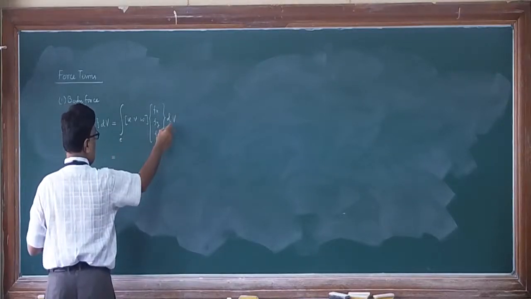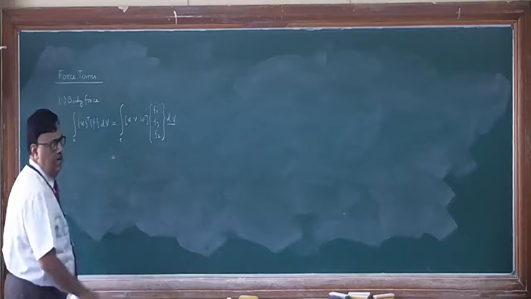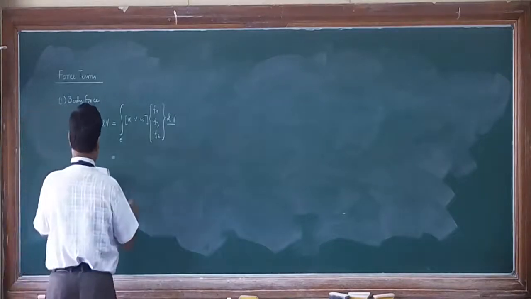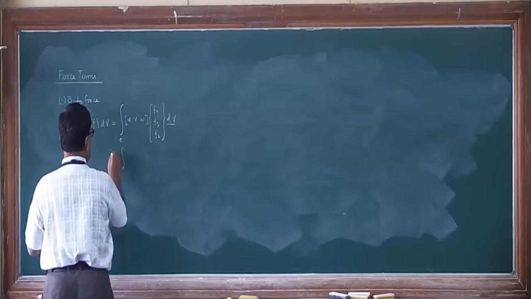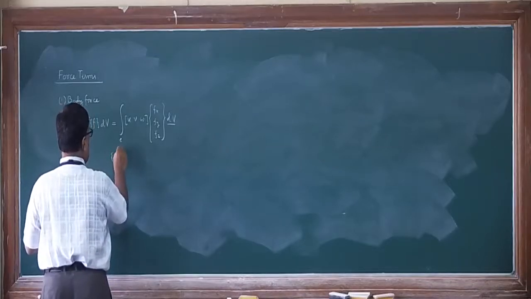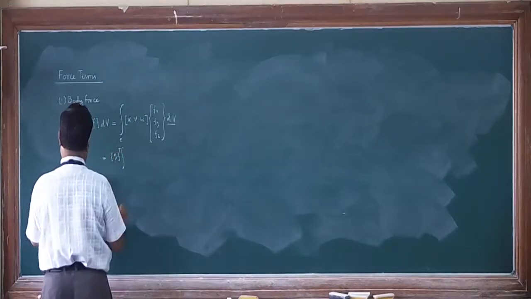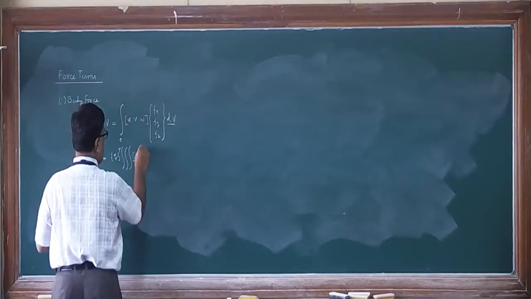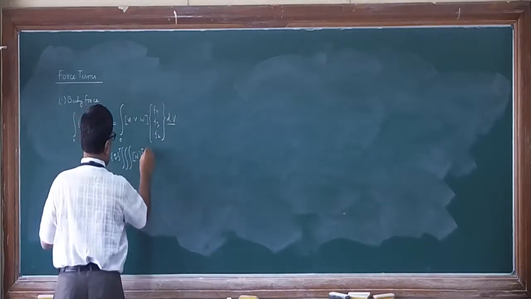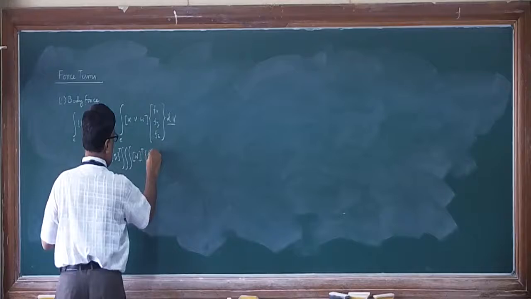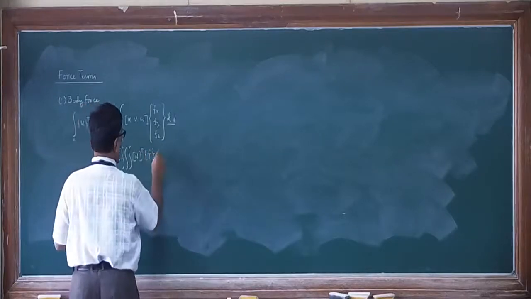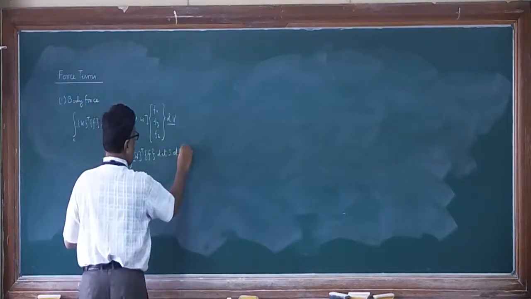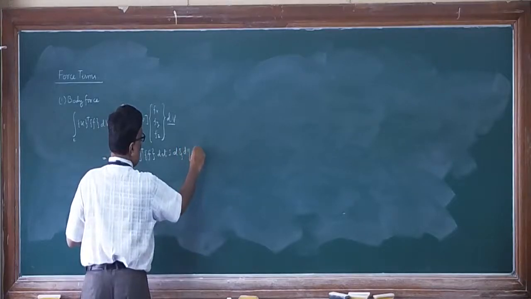Since it is over the volume you have to integrate, naturally there will be triple integration. First, as usual, Q transpose will come, triple integration N transpose F, and the volume is written as determinant of J d zeta d eta d mu.